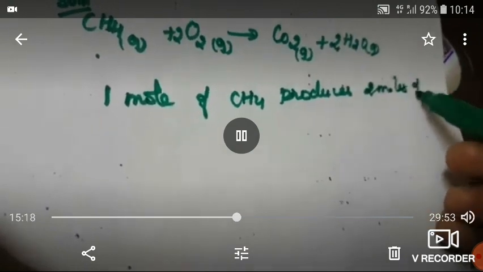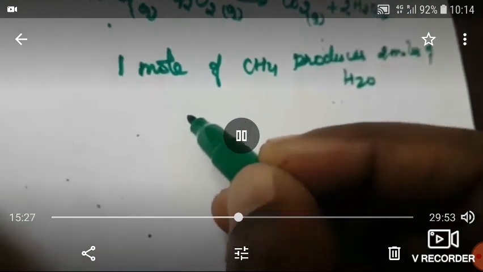What is the molecular formula of methane? 1 mole of methane produces 2 moles of water molecules. So this is the first step: 1 mole of methane produces 2 moles of water.